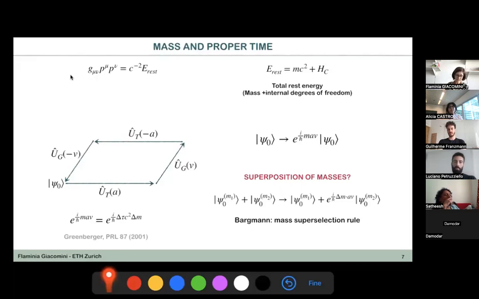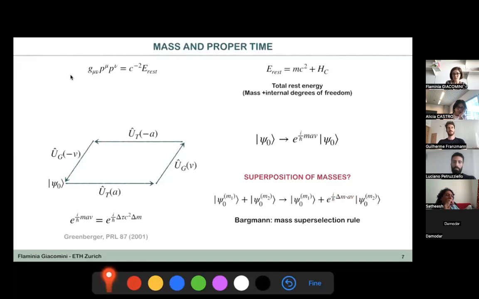So he recognized that this term here is actually a remnant of special relativistic proper time. So it is a special relativistic effect that percolates to the Galilean regime. And so it is no problem that there is this relative phase.